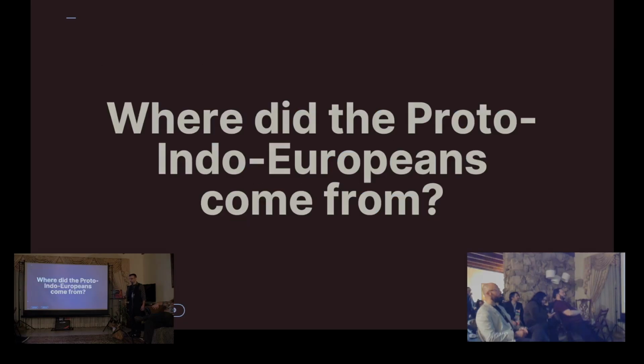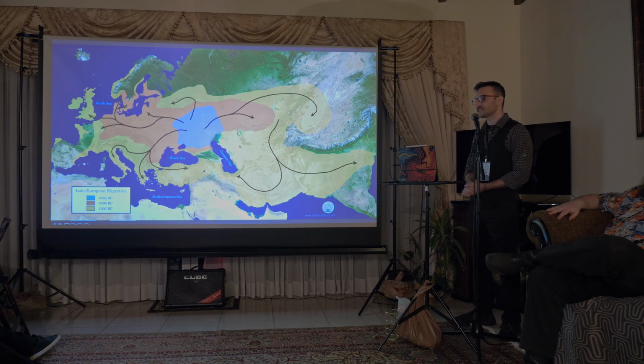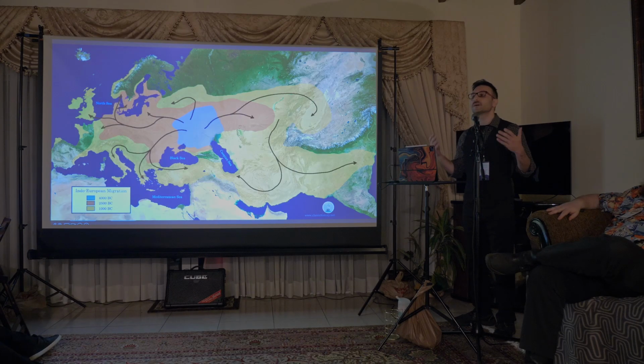All right, so where did the Proto-Indo-Europeans come from? It's such a wide, vast land, it couldn't have been all of that, right? Well, they are believed to originate from just north of the Black Sea, and they spread out from there in every direction. Now, many of you are probably wondering why.